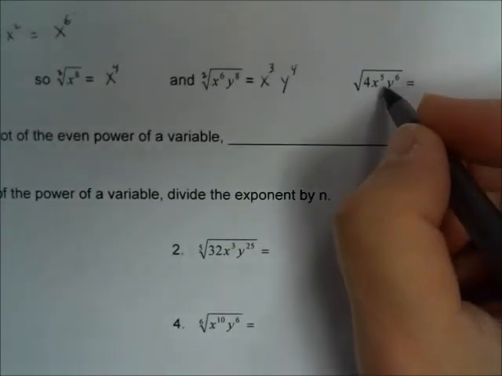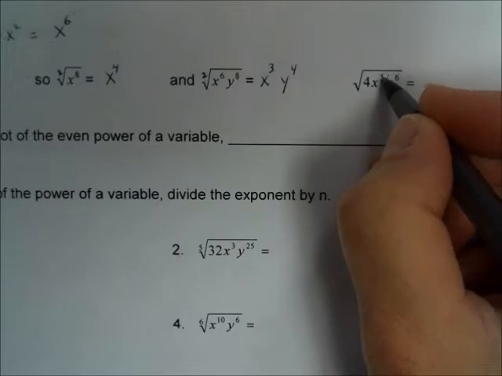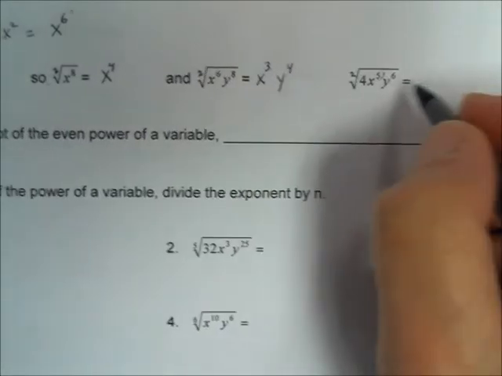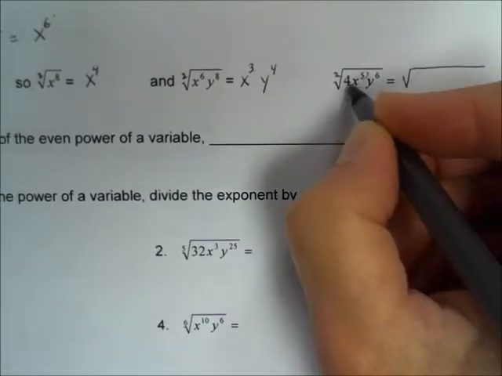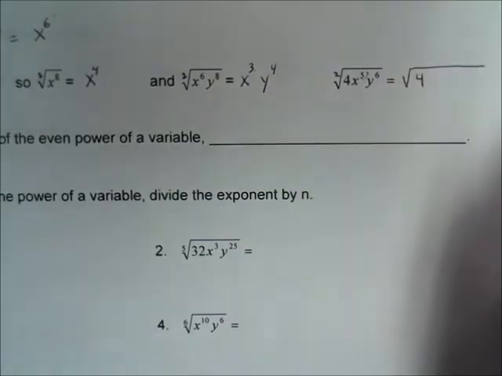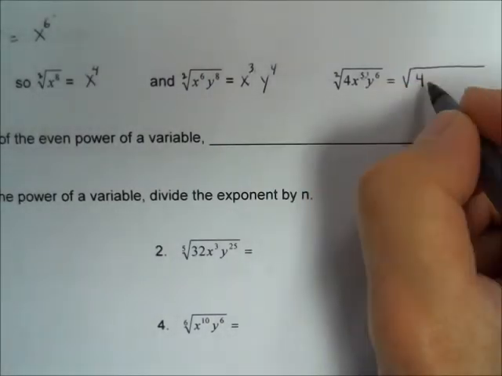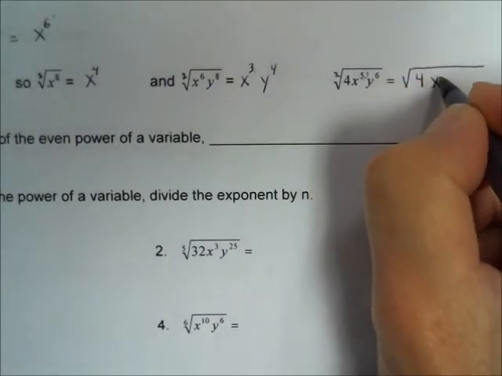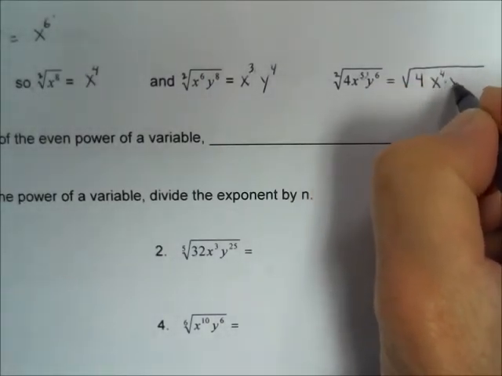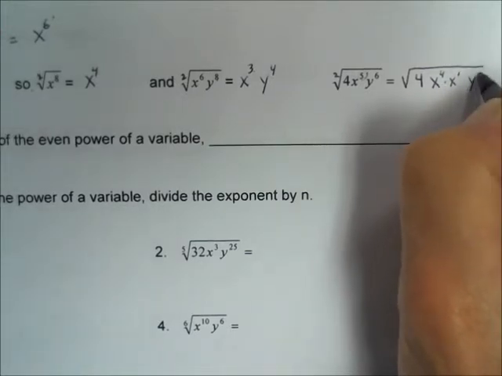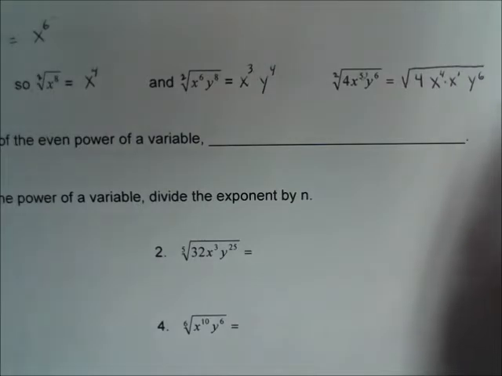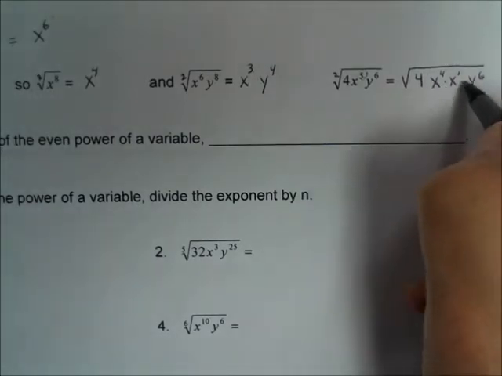Now this one is a little bit tricky because you have an odd number here. Here's a 5. So what we're going to do is break this up a tiny bit. We're going to keep the 4 as a 4 because it's a perfect square. This x to the 5th, we're going to break up into x to the 4th times x to the 1st, right? That'll give you x to the 5th. And then you'll have a y to the 6th. So now these are all factors, right?